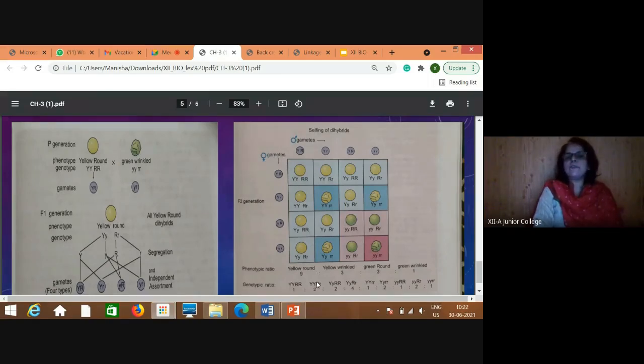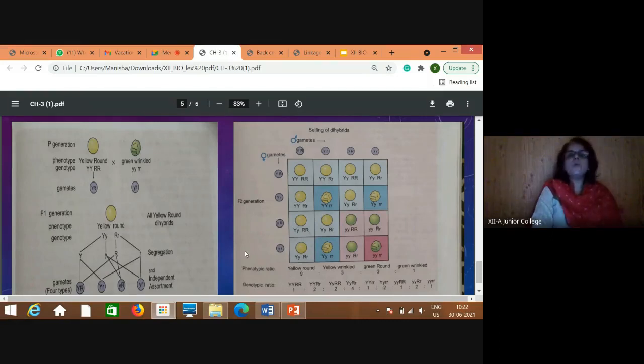You can see the first and the last one, and then accordingly count the remaining. So we will not count genotypes right now; we are going to concentrate only on the phenotypic ratio. When a dihybrid cross is considered, the phenotypic ratio is always 9:3:3:1 in Mendel's experiment. So remember that.